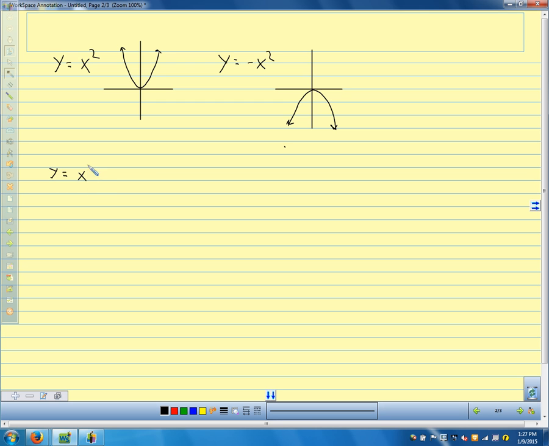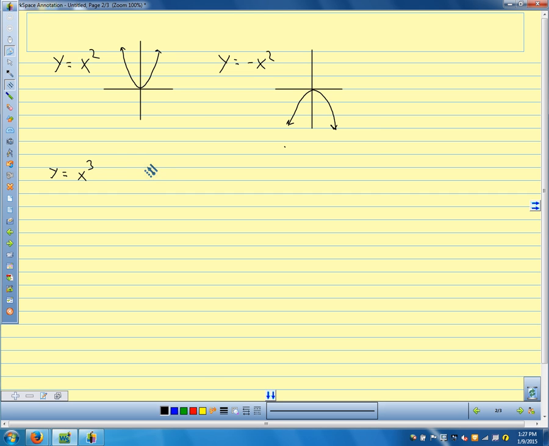And let's look at an odd degree polynomial. So y equals x to the 3rd.